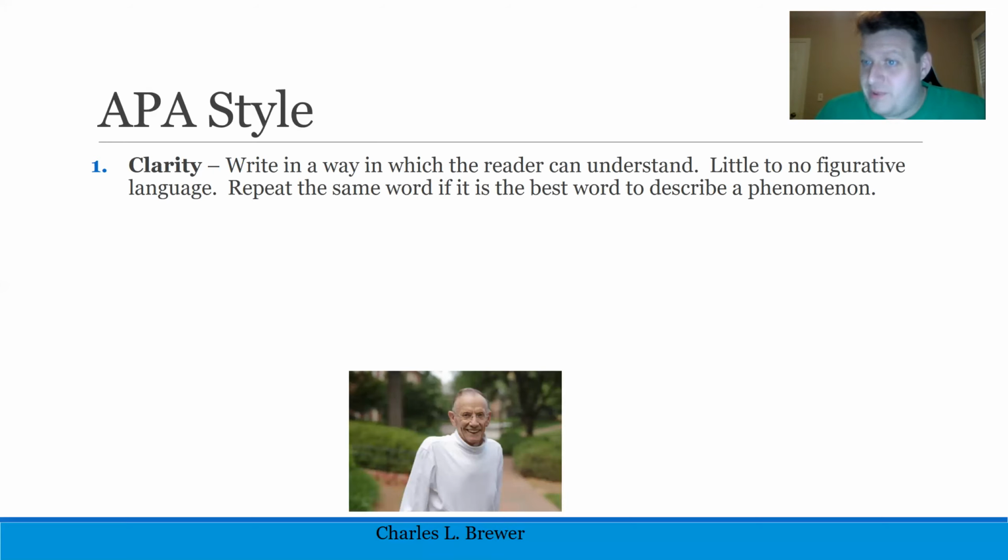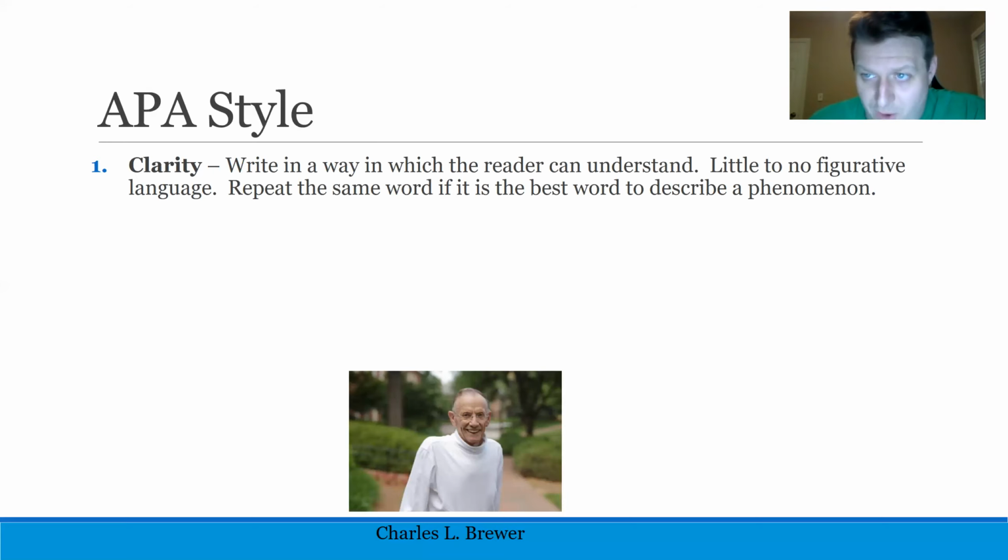Another thing, you've been taught to vary your words. If you use the term outgoing here, you want to use the term extroverted in the next sentence. Now, again, in an English paper, you might want to use variations to keep things spiced up, so the reader doesn't get bored. You don't do that in a scientific paper. If you are referring to something and you give it a specific name, you use that name every single time.